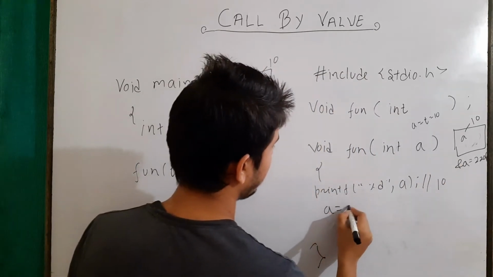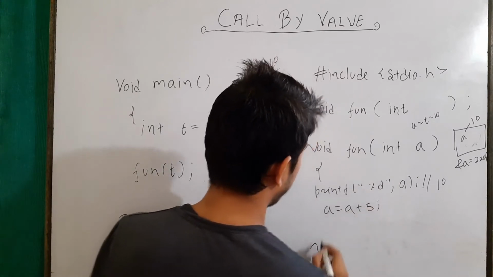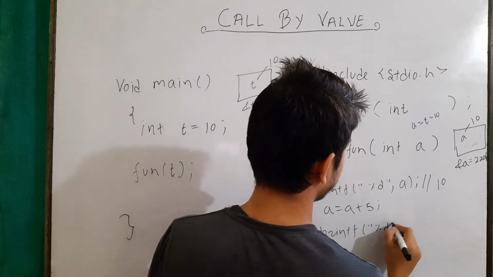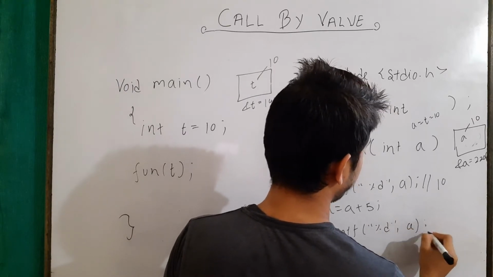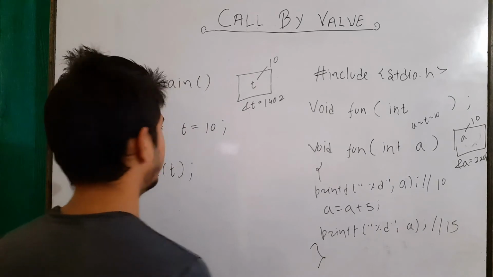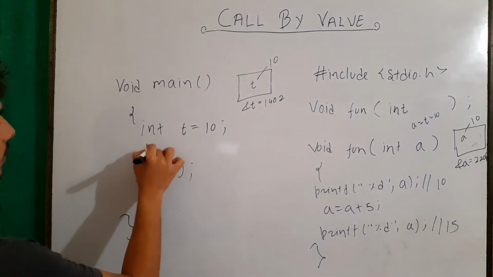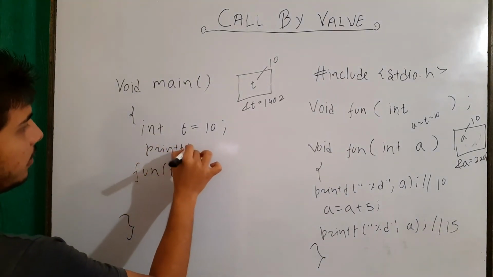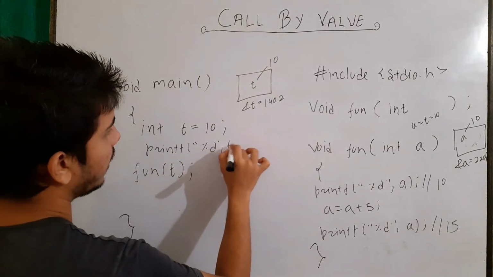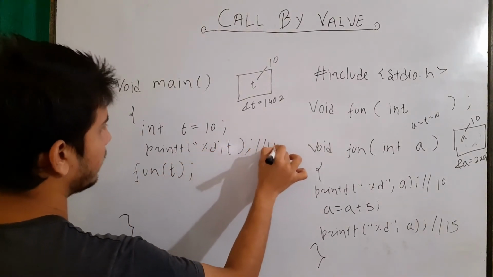Then I'll write here a equals to a plus 5, and then I again write printf of %d a, then it will give me output as 15 because of incrementing by 5. Here if I first write printf of %d t, it will give me output as 10, right?